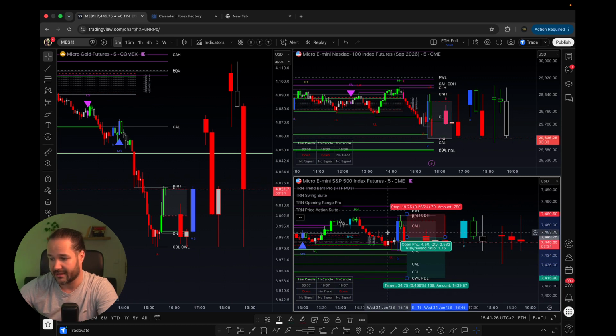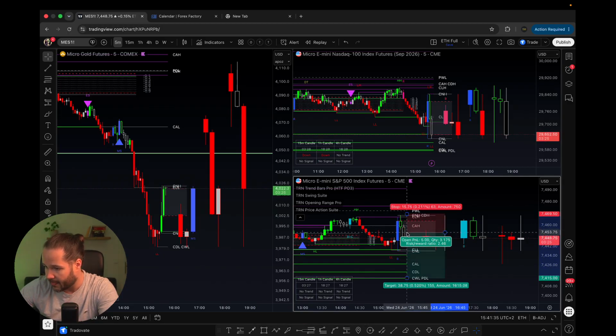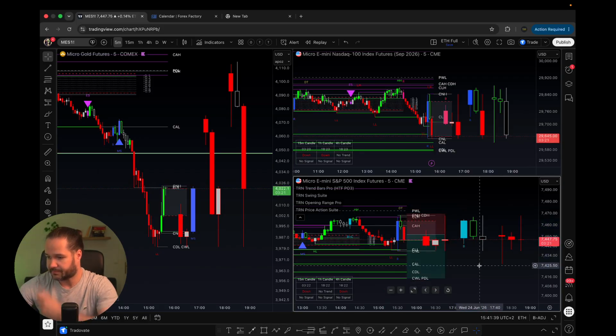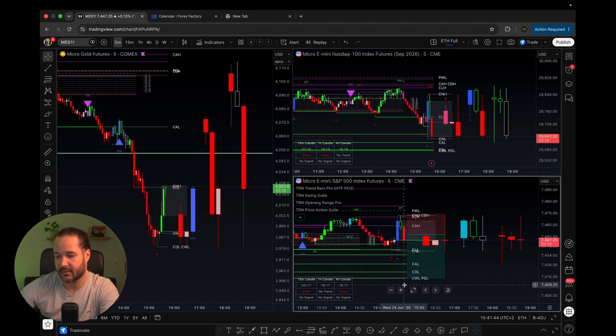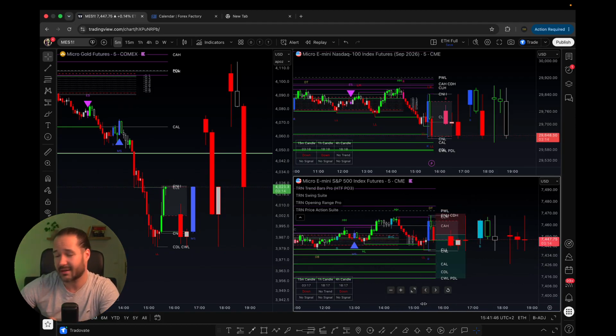That's possible. That's the only reason I will give it a try with a limit order. If we close with this red trend bar, I will move my entry a bit higher, probably around here, and then speculate on a cascade where we grab all the liquidity, because that's very often what market makers tend to do.